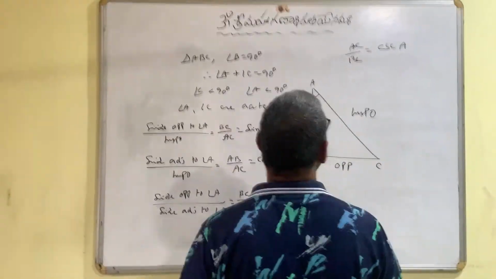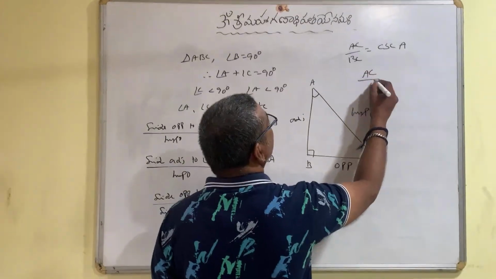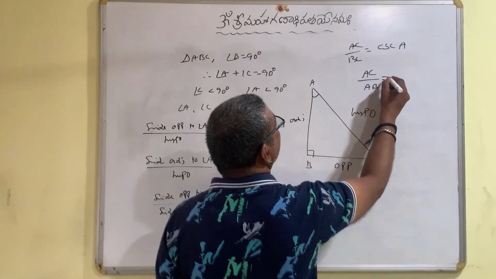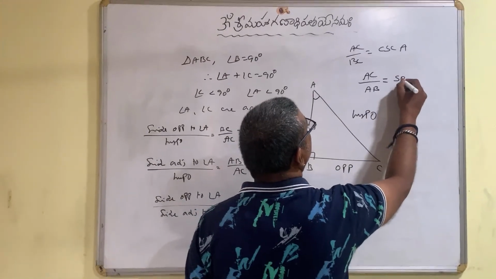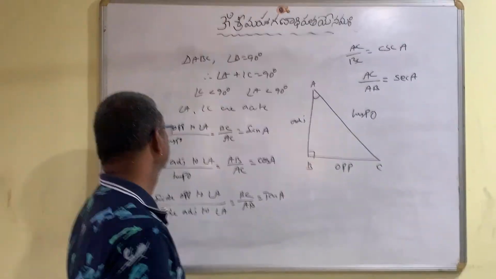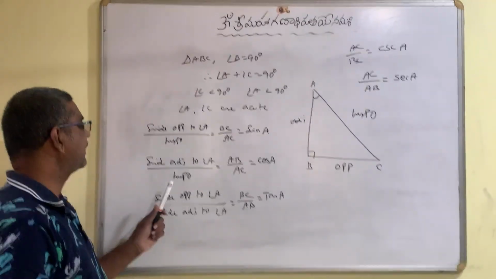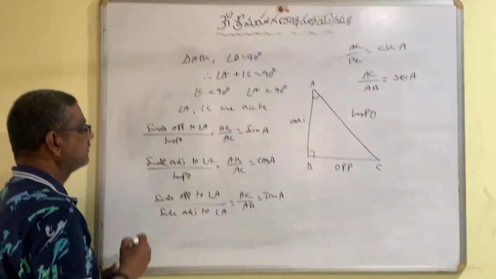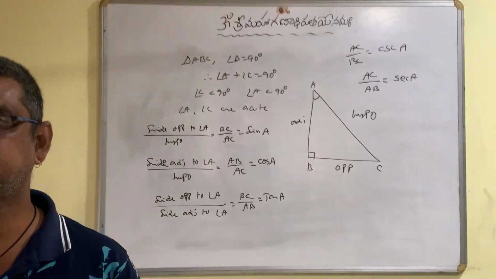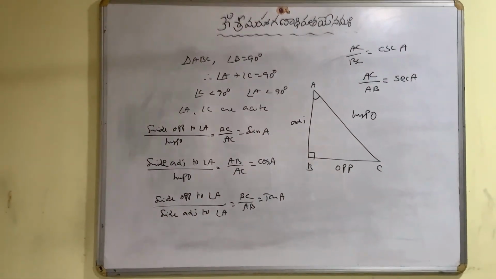Next one, hypotenuse by side adjacent to angle A, which is known as secant A. Okay.